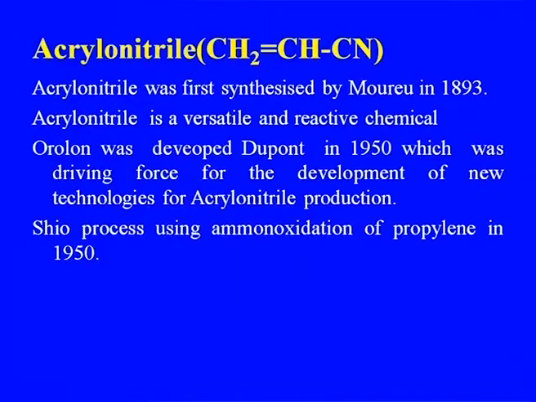The SOHIO process using ammoxidation came in 1950, and after that a number of process licenses were given, with technology based on ammoxidation. Even in the reactor technology, we moved from the fixed bed to the fluidized bed reactor, which is now the latest for acrylonitrile manufacture.